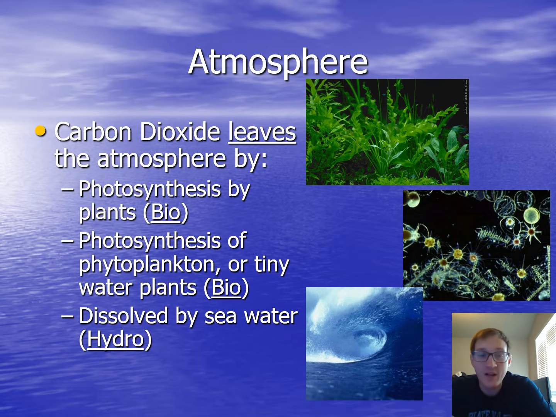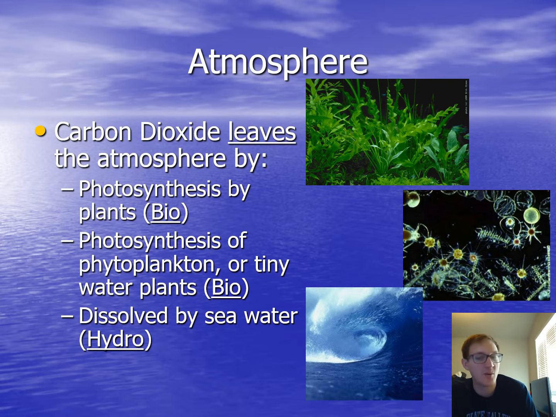Carbon dioxide leaves the atmosphere by photosynthesis, so plants take in carbon dioxide from the atmosphere through the process of photosynthesis. Photosynthesis of phytoplankton, or tiny water plants, also from the biosphere. So they're taking in carbon dioxide.